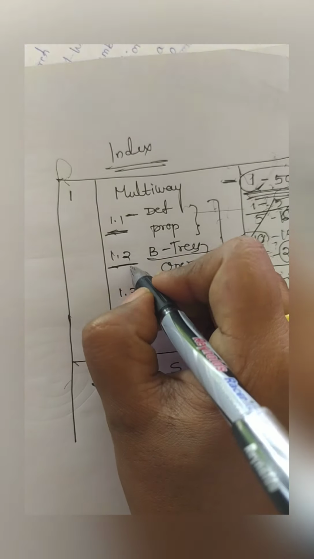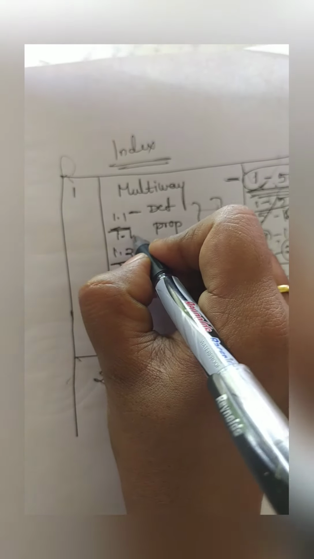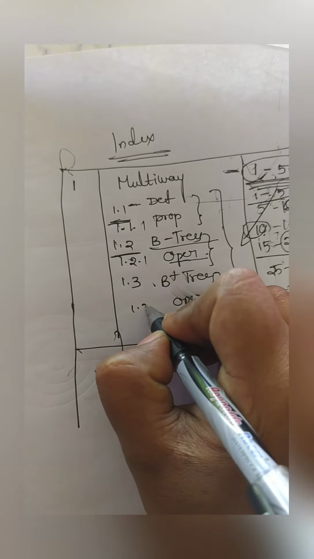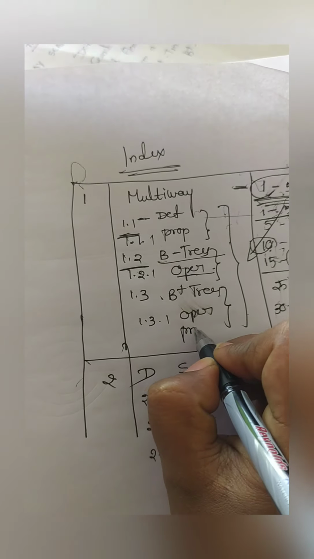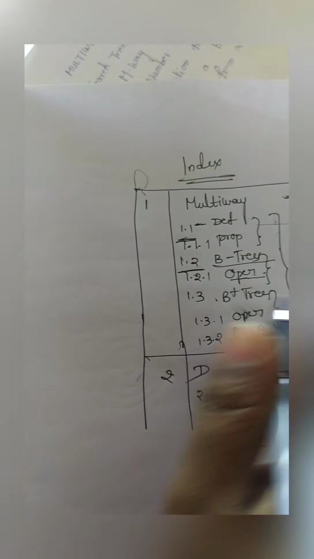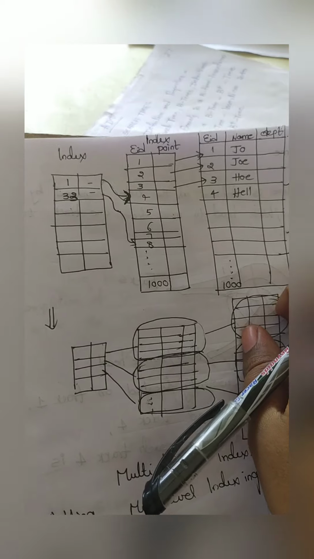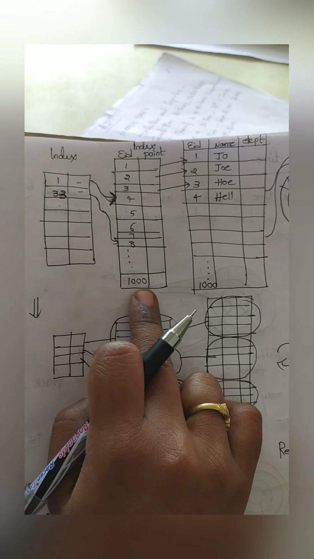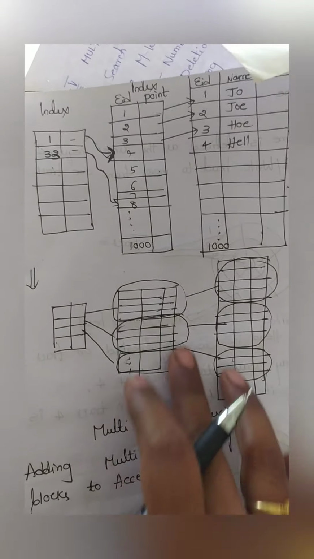Then here also 1.2.1, here 1.1.1, here 1.3.1, and if one more property were there, then 1.3.2. So we can go directly through this. To reduce the time, we use another level of multi-level indexing: there is a first index and then a second index, so we can access directly through these.